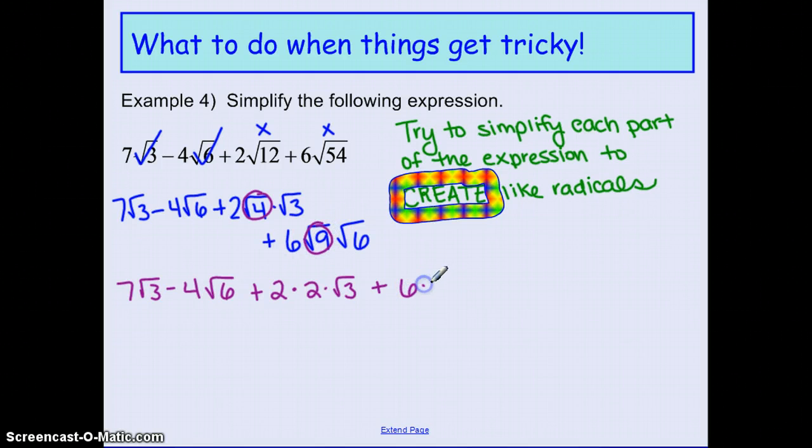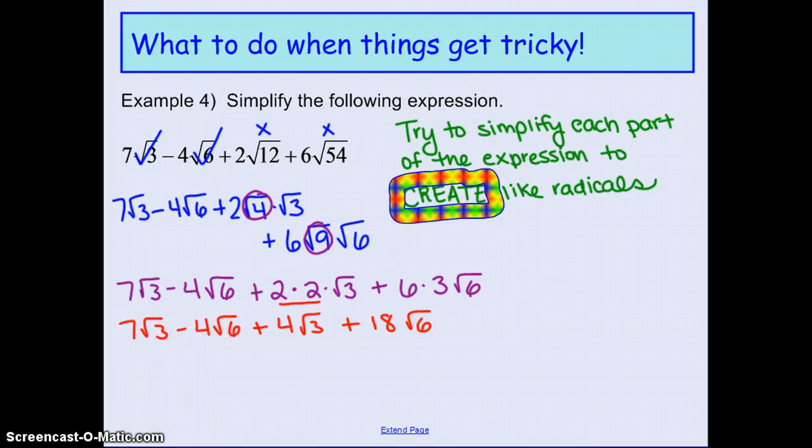Radical 9 is just a 3, and then I have radical 6 on the end. So if I really rewrite with everything as simple as I can go, I'm going to have 7 radical 3 minus 4 radical 6 plus 4, so I combine the 2's, radical 3, plus 18 radical 6.